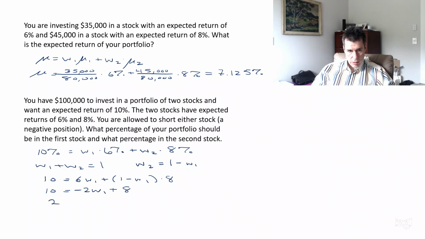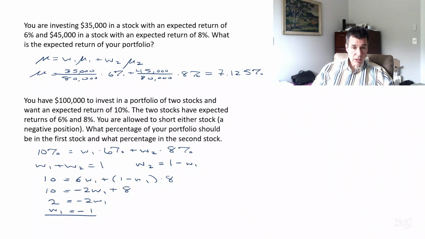So 2 equals negative 2W1, which means W1 equals negative 1, which means that we're going to short, in this case, $100,000 of the first stock.